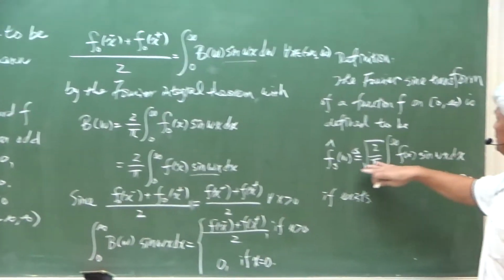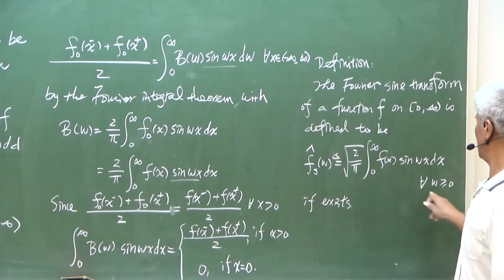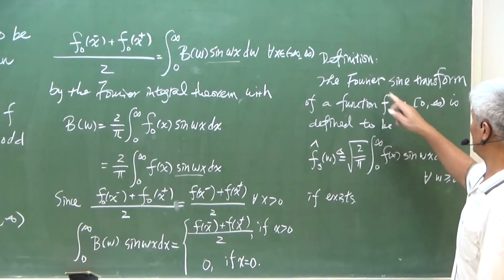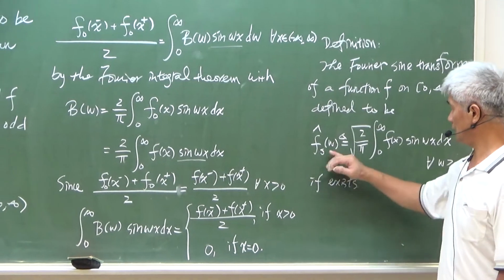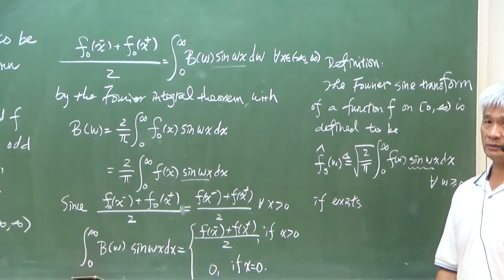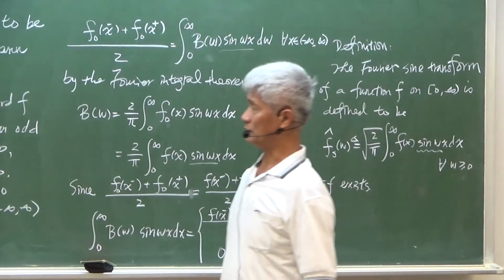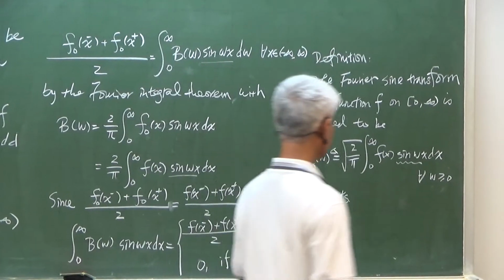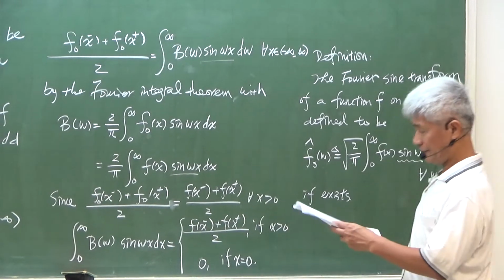So if this integral exists for all w greater than or equal to 0, then we have the so-called Fourier sine transform. We use the sine function here instead of the cosine function. So that is the definition.